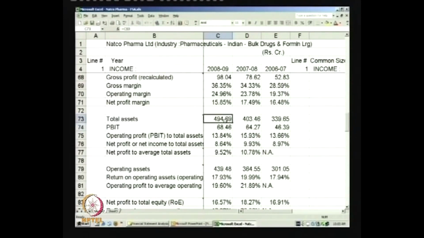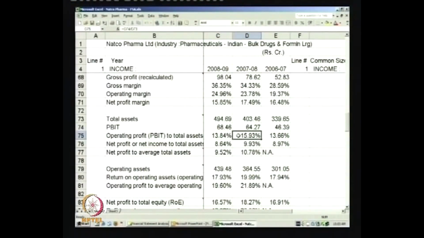So, the ratio between these two is 13.84%, which was 13.66% in 2006-7, and in 2007 it went up to 15.93%, whereas it has declined to 13.84% in the latest year. So, one has to now find out why this decline from 15.93% to 13.84% has taken place, because it could be because of different reasons.